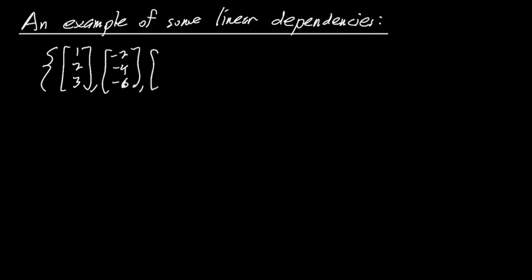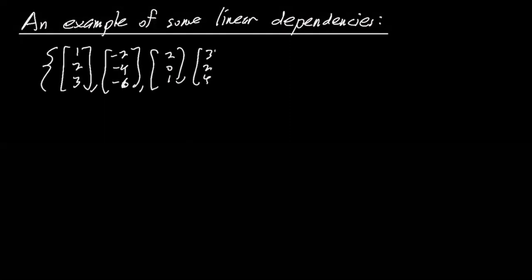Write down a bunch of vectors: 2, 0, 1; 3, 2, 4; 0, 0, 0; and 1, -2, -2. Now, let me give these names.